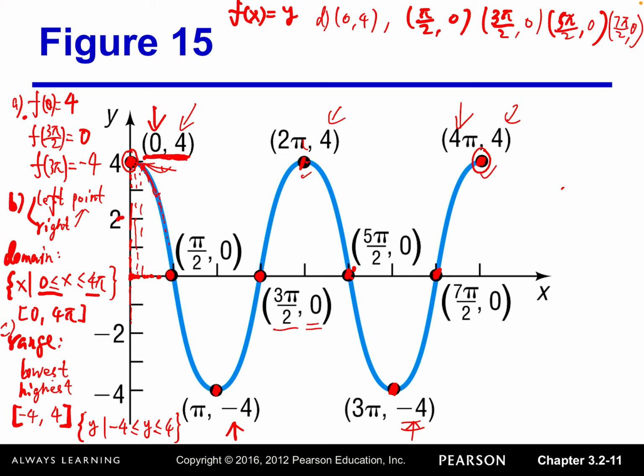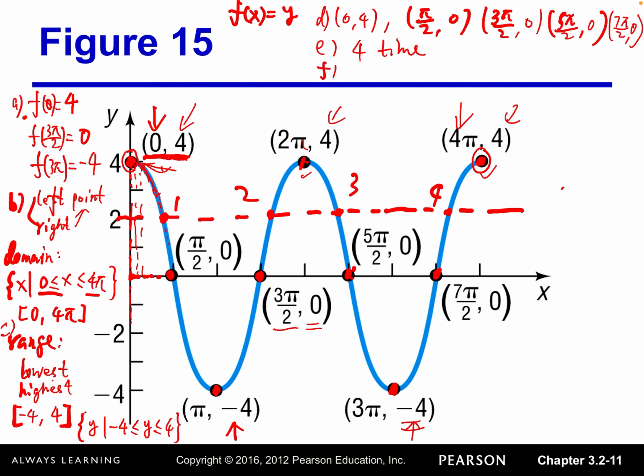I draw the dashed line right here. Now let's see how many times it intercepts the graph: 1 time, 2 times, 3 times, 4 times. So the answer to question E is that the graph intercepts the line y equals 2 four times.